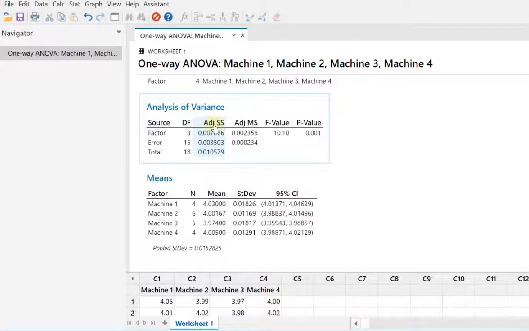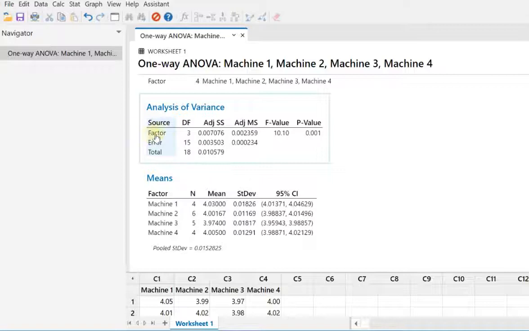Now this says adjusted. Most outputs don't say adjusted. They just say sum of squares. And here you have 4 factors, right? So degrees of freedom is going to be number of factors minus 1. This factor, what Minitab calls factor, that's our between sum of squares. Some outputs like SPSS, SAS, and Excel, they call this treatment.